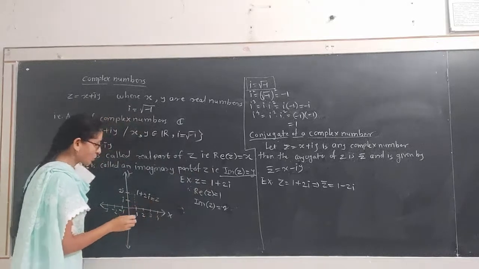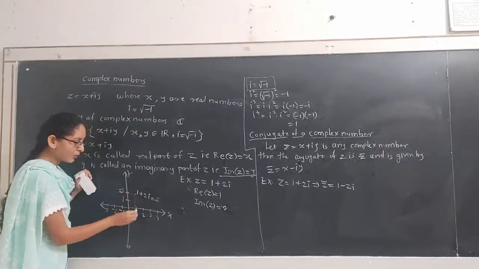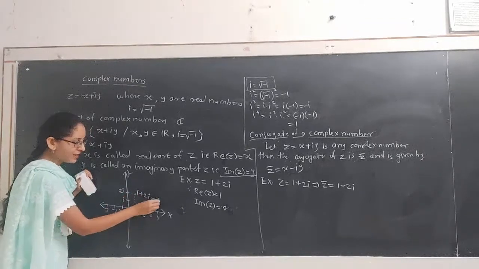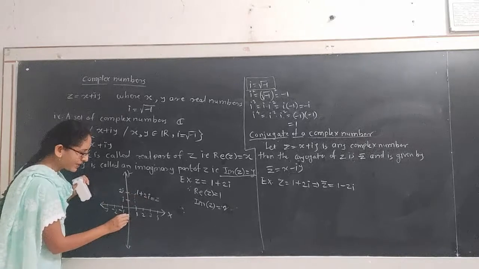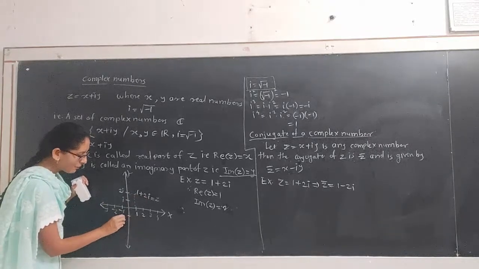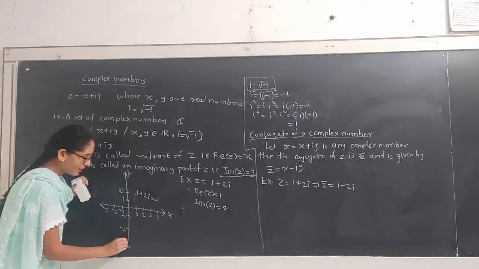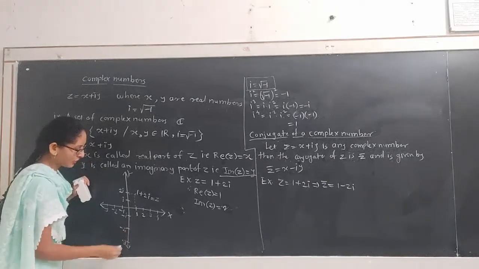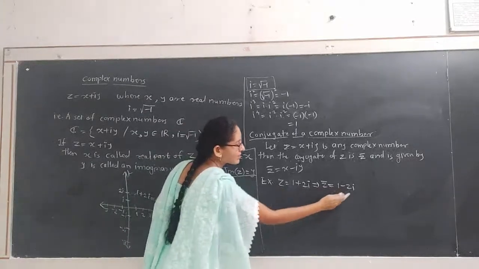Where is 1 minus 2i? This point is 1 plus 2i because 1 is the real part of z and 2 is the imaginary part of z. Similarly, on the negative side of the y-axis, we plot the points minus i, minus 2i, minus 3i and so on. What do we have? The complex conjugate of z is 1 minus 2i.